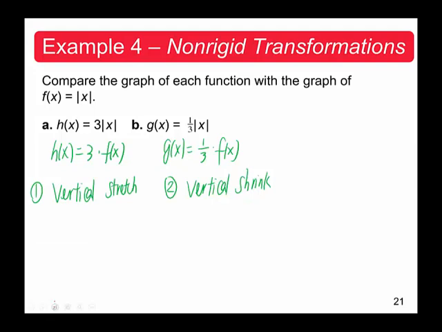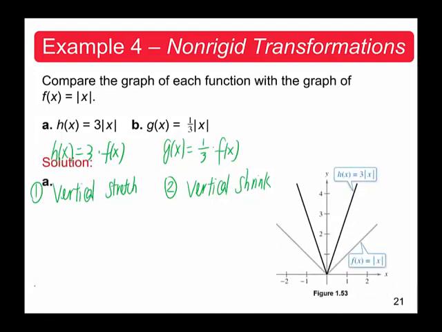By using the function notation, it's a lot easier to figure out this non-rigid transformation here. So you look at the first one, you see for the same x values, the y value becomes 3 times as much.